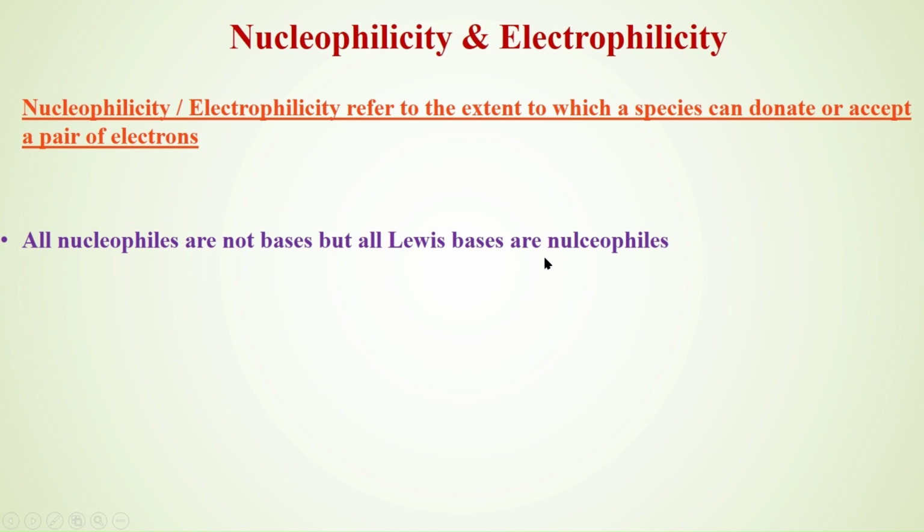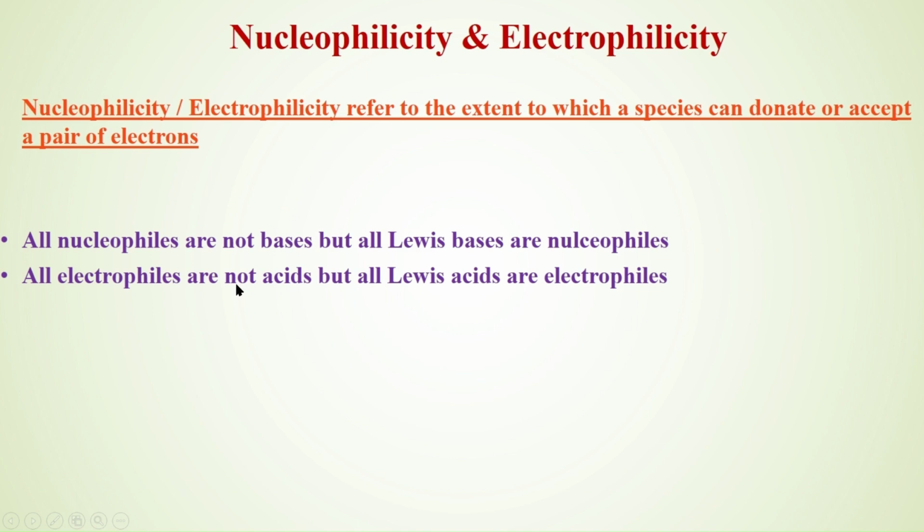Are nucleophiles and bases similar? It is said that all nucleophiles are not bases, but all Lewis bases are nucleophiles. Similarly, all electrophiles are not acids, but all Lewis acids are electrophiles.